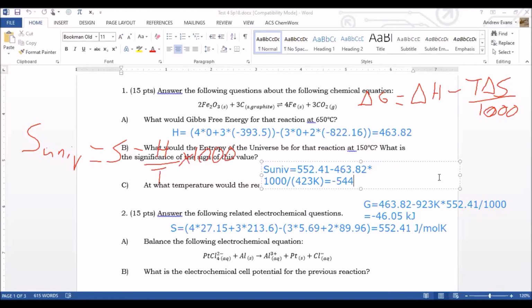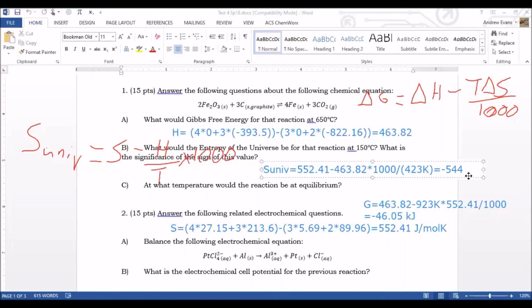And I ask, what is the significance of this sign? Well, that means this is a non-spontaneous process at 150 degrees. A positive delta H and a negative entropy of the universe means this will not happen at that temperature. So 150 is too cold to convert steel, but 650 is plenty hot enough.